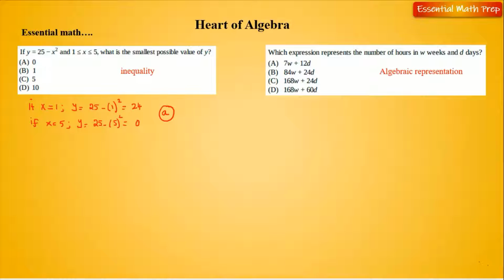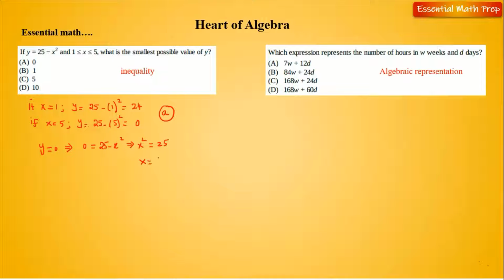Since we've already solved the problem, if x equals 5, y equals 0, let's pick the y value to be 0, just to prove a point that sometimes you can use the answer choice itself to solve the problem. Knowing that y equals 0 implies 0 equals 25 minus x squared, which implies x squared equals 25.